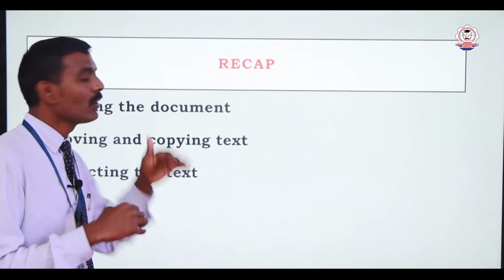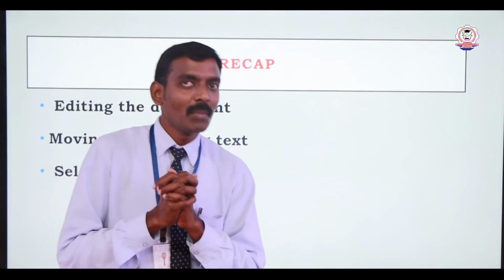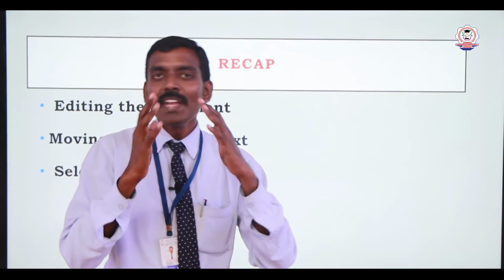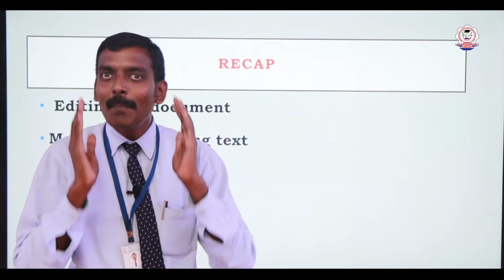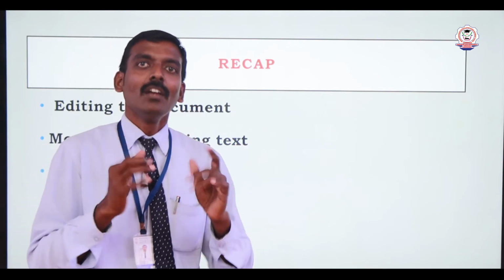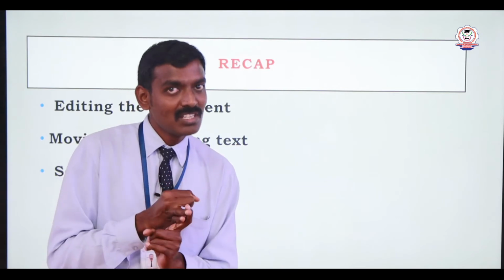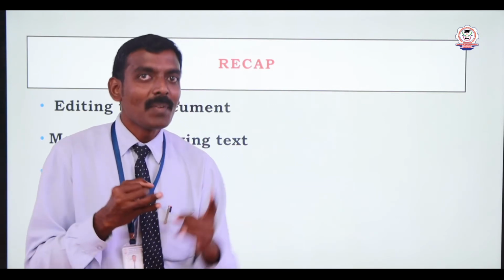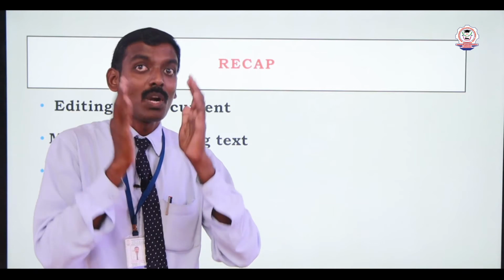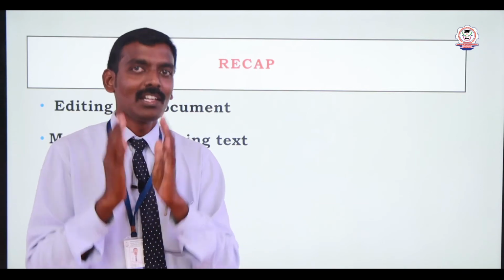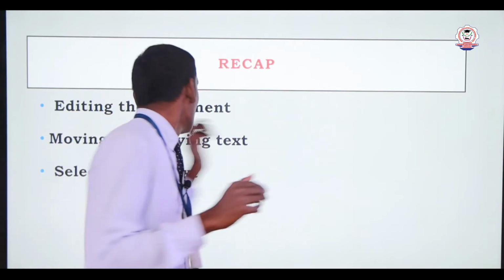And moving and copying text. What is moving and copying text? Copying text means the content is present in the source place as well as the destination place. If the content is present only in the destination place, it is called moving text.